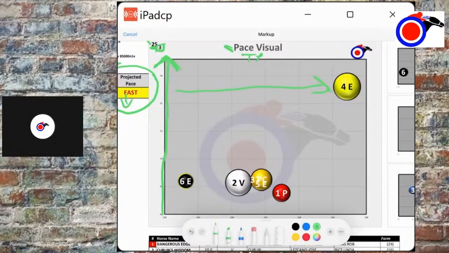But your best horses are going to be over here. Hypothetically, you'd like to see horses in this quadrant. It's not always going to be value horses, but you're going to find some horses you can commit to, especially if there's a big gap, because I'm looking to see what the gaps are.